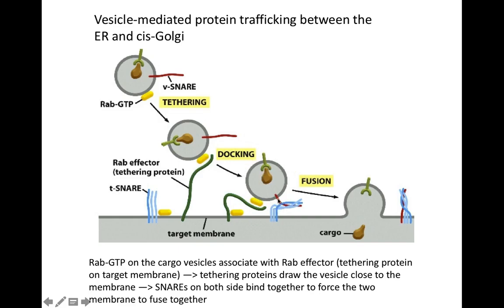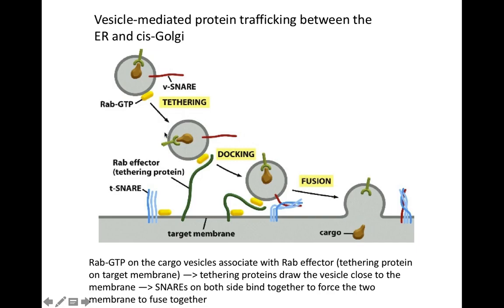Once this docking takes place, this is followed by fusion of the membranes, between the membrane of the vesicle and the target membrane, which could in this case be the membrane of the Golgi apparatus, cis Golgi. After fusion, the cargo or the soluble proteins are released inside the Golgi apparatus. So this is how vesicles mediate protein trafficking between the ER and the cis Golgi.